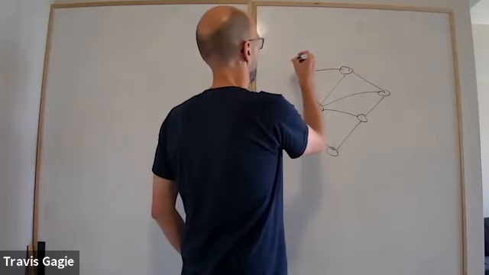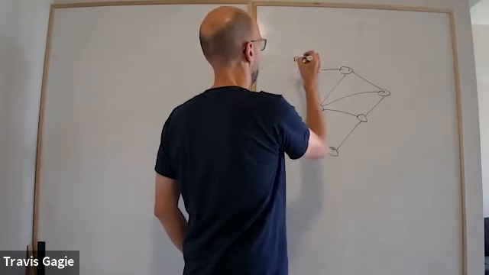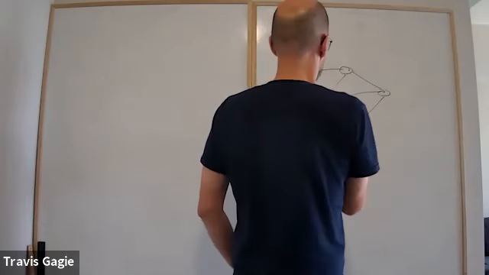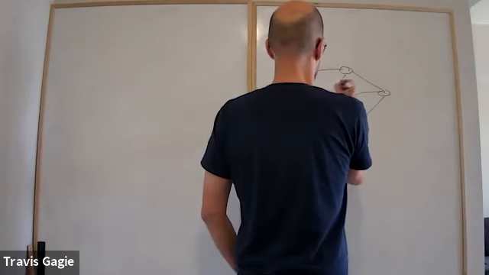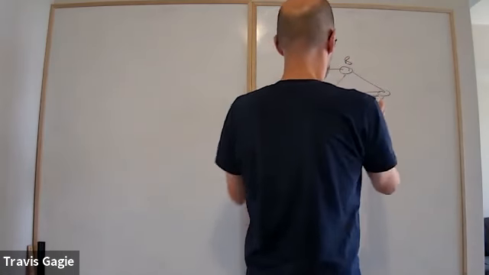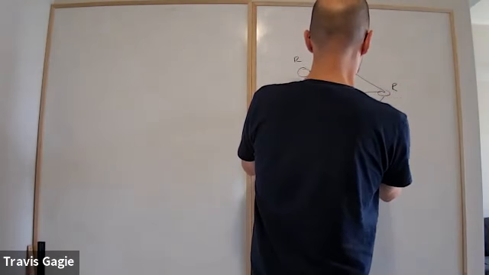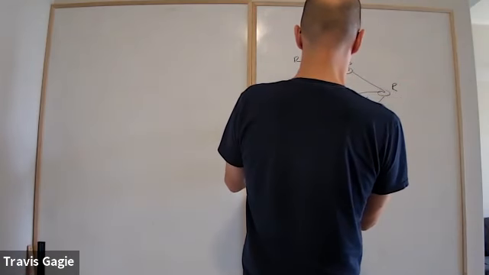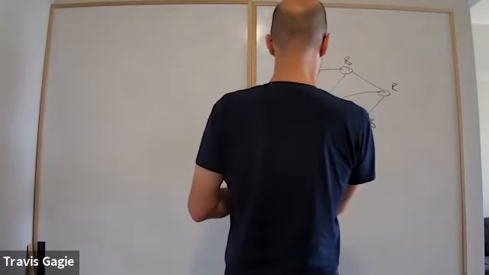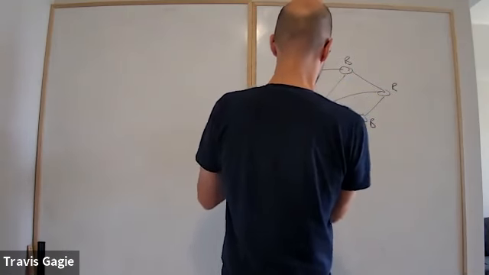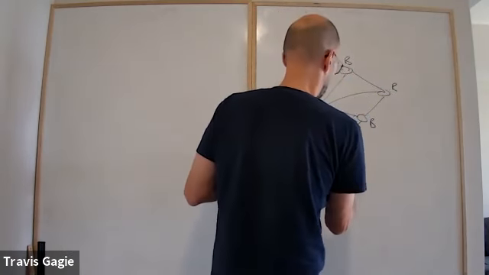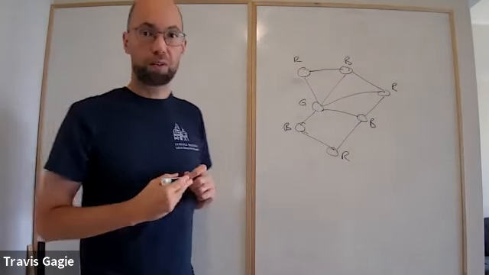Okay, so this is, let's say, red. This is green, blue. This has to be red, but this can be blue. So this can be red. This can be red or blue. This can be blue. This can be red. Right. So let's suppose I put.